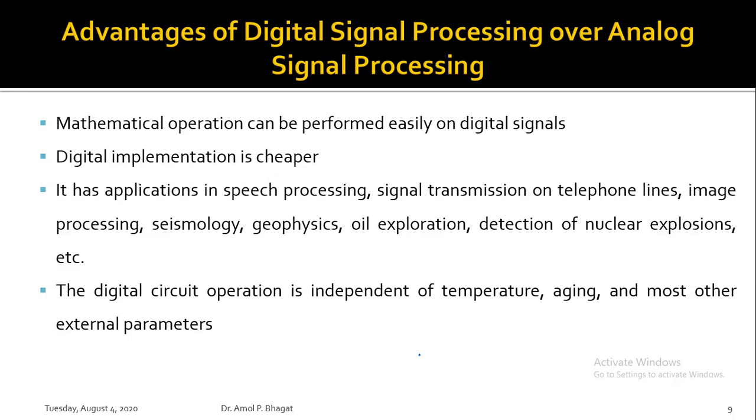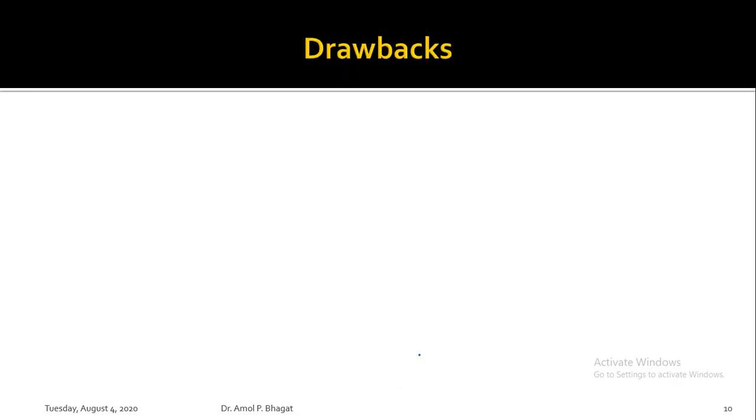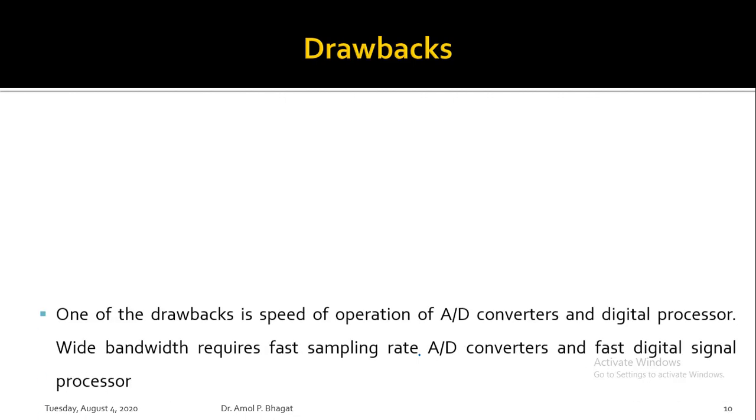Okay. But as I already stated, there are certain drawbacks of digital signal processing of analog signals. So the digital signal processing system has many advantages and a wide range of applications in various domains, but it also has some drawbacks.